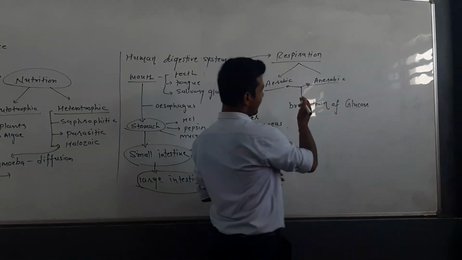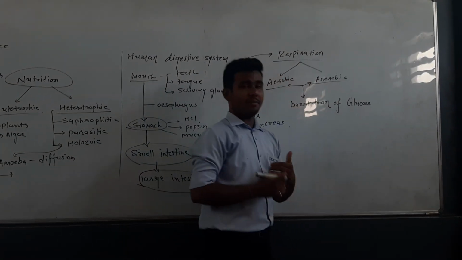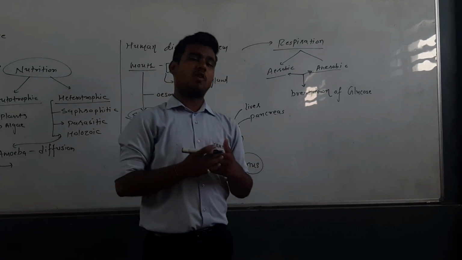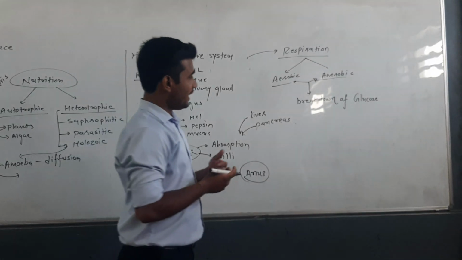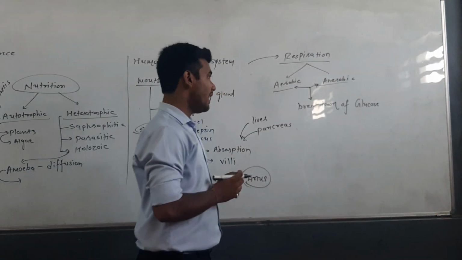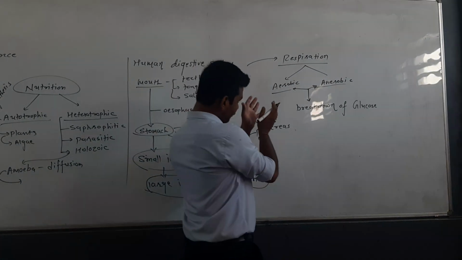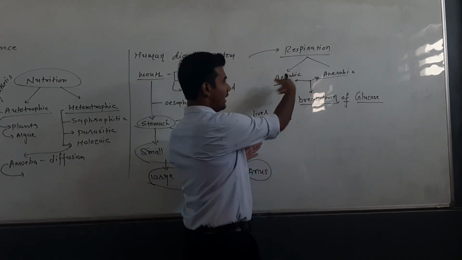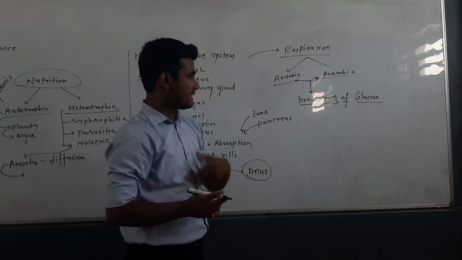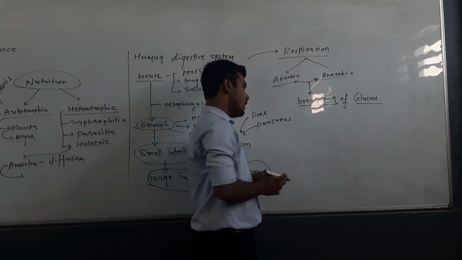Also we have understood that in anaerobic respiration there will be a medium of plant and a medium of animals, right? So according to that, the energy which is obtained in anaerobic respiration may be different, right? So you can go through the videos and again revise what is aerobic and anaerobic respiration and breakdown of glucose.